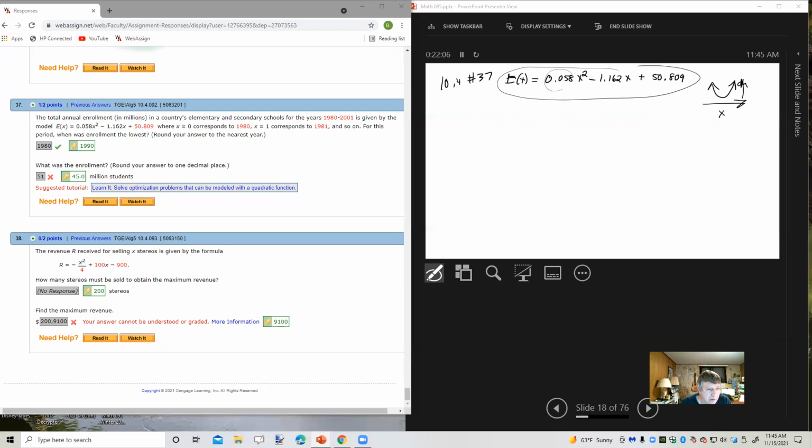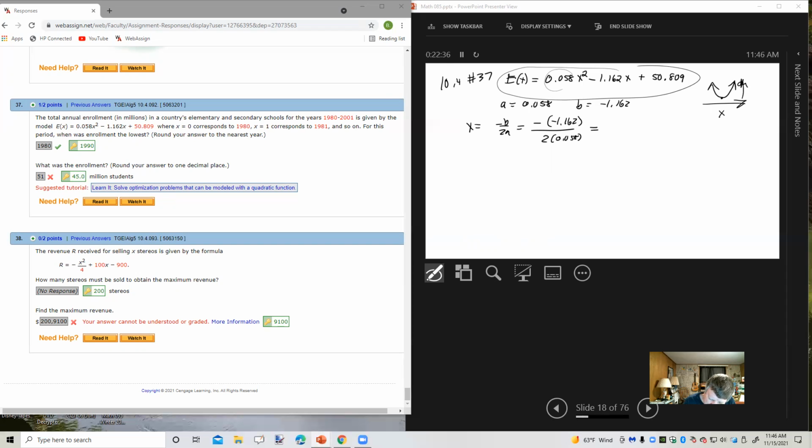So they want to know for this period, when was the enrollment the lowest? And then what was the enrollment? So basically we need to find the vertex. Okay. A is 0.058. B is negative 1.162.